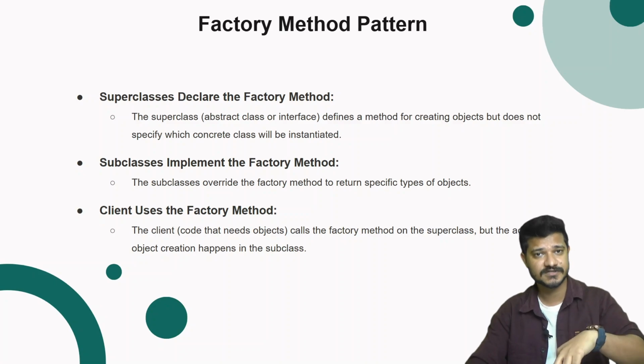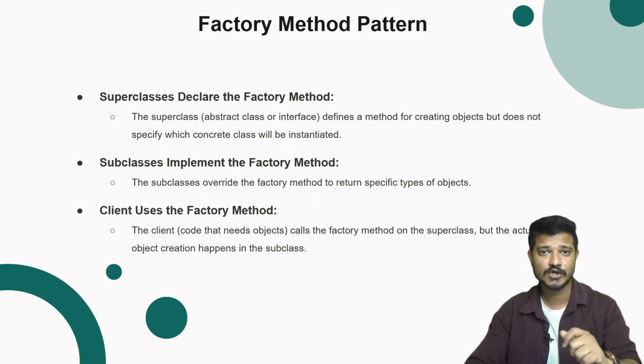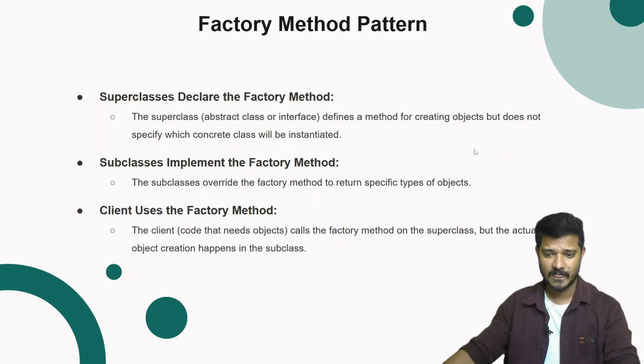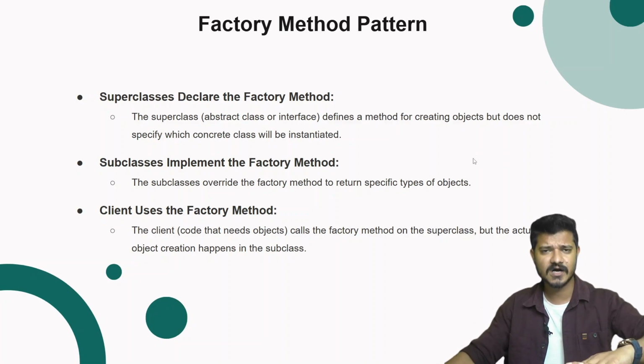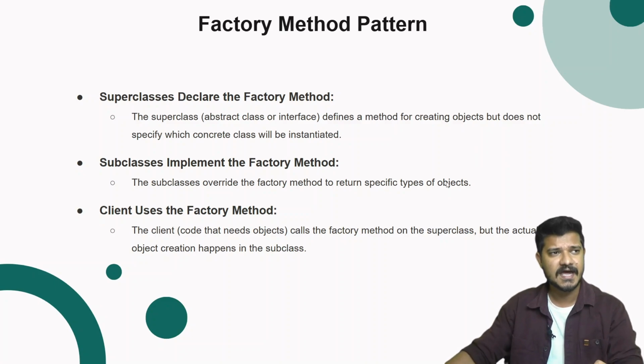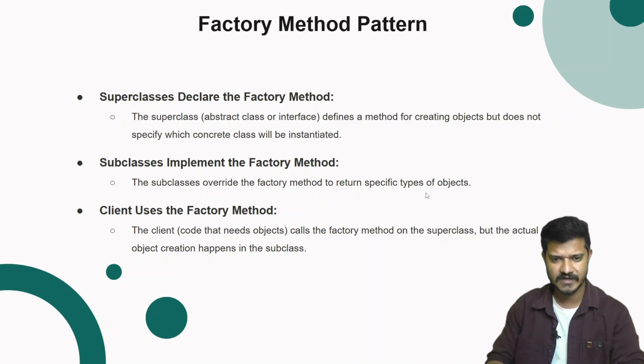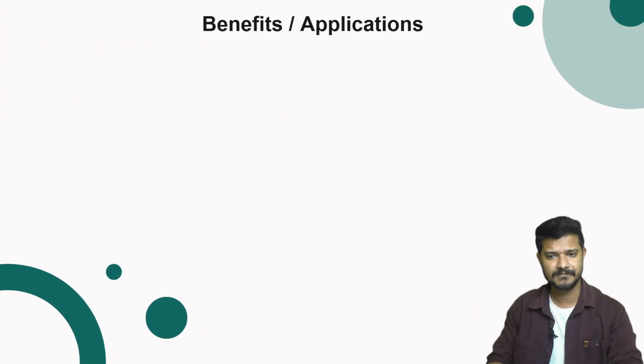It should not be your responsibility as a client to create a new object. It decouples your code from creating a new object, and it makes your code extensible. So this is the factory pattern and why it is used.